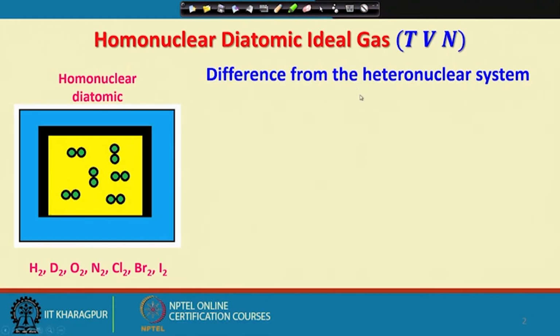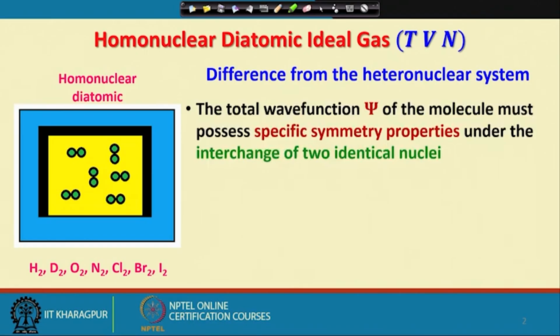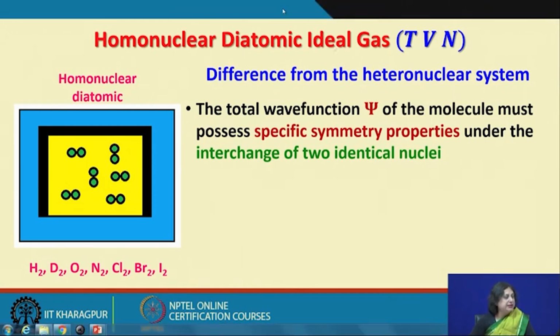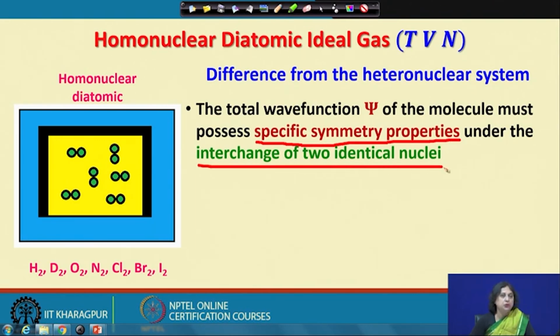Simply because the two nuclei or the two atoms constituting the molecule are identical, there are additional demands of symmetry in this system. So, the first thing that we should note down is that the total wave function psi of the molecule must possess rather specific symmetry properties under the operation where we interchange the two identical nuclei.